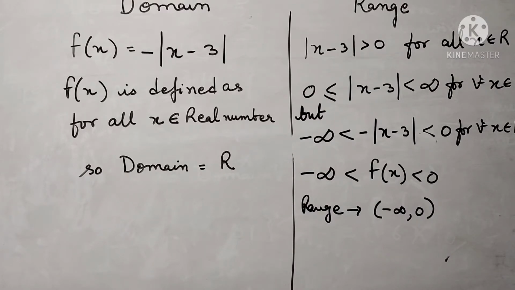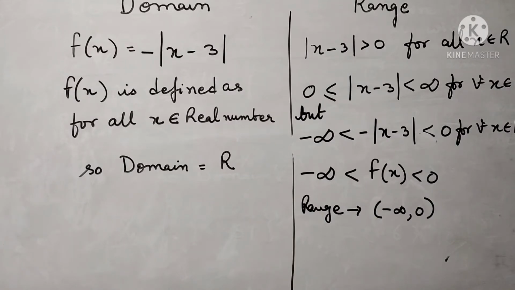Now, in order to find the range, as we know, the value of modulus of x minus 3 lies between greater than or equal to 0 and less than infinity. But if we put the minus sign in front of modulus of x minus 3, then its value lies between minus infinity and up to less than 0.